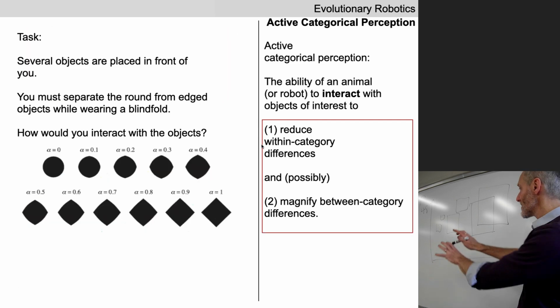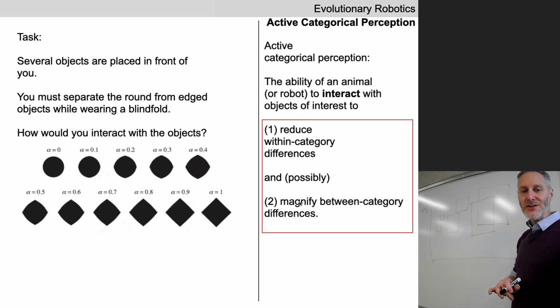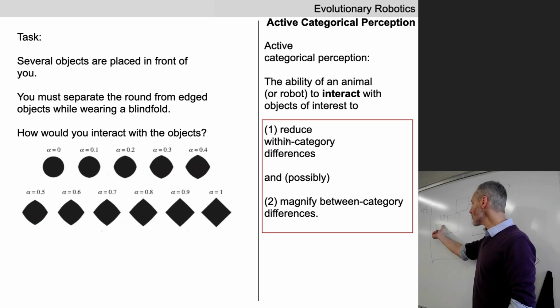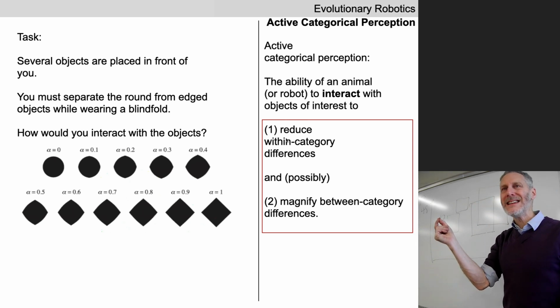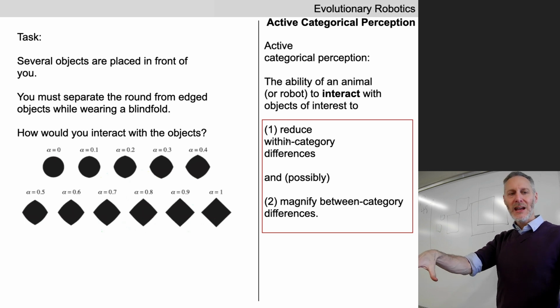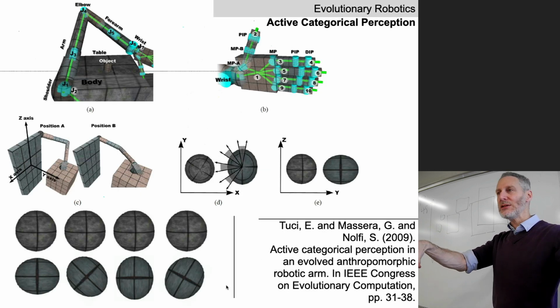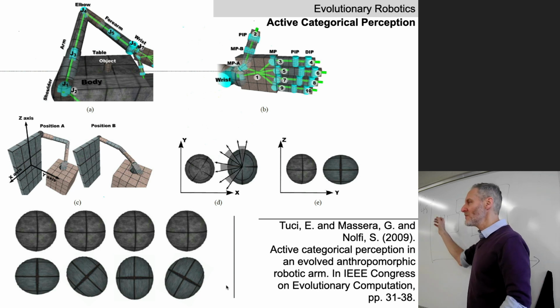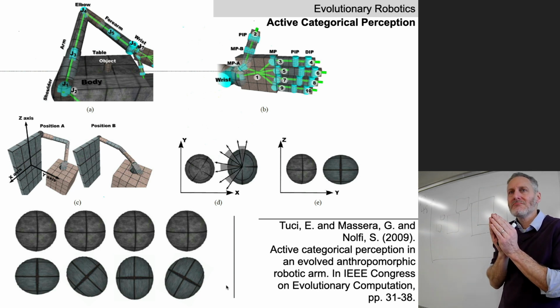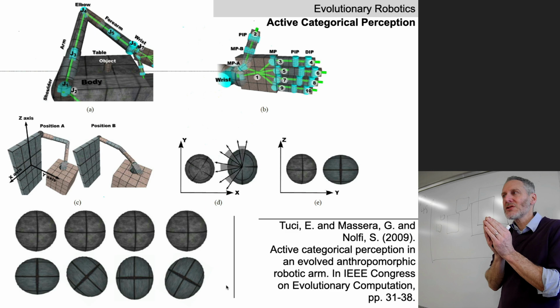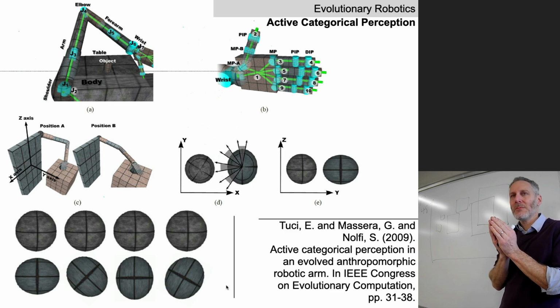We're not just trying to magnify intercategory differences, we're also trying to minimize intra-category differences. If I'm manipulating a whole bunch of different ellipsoids, maybe I want to have sort of the same static experience. Seems good on the surface, but there's a problem underneath this.